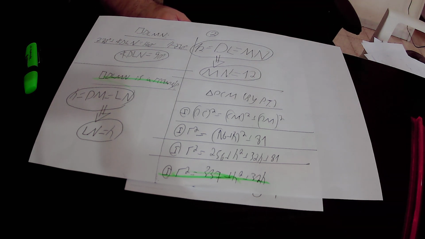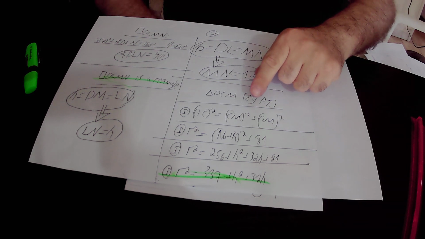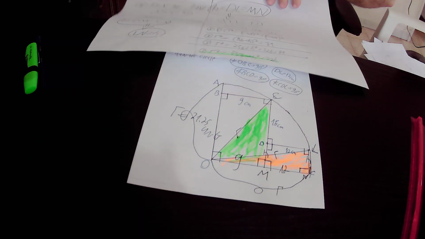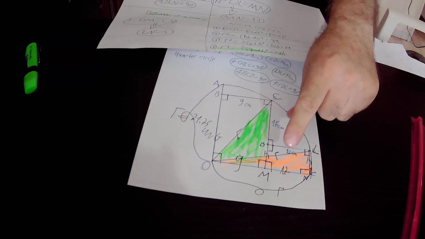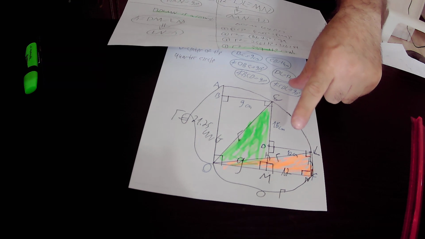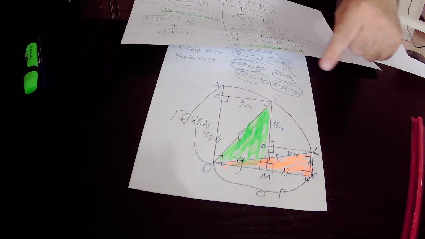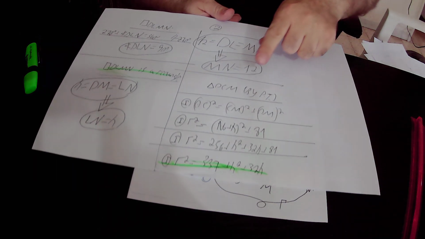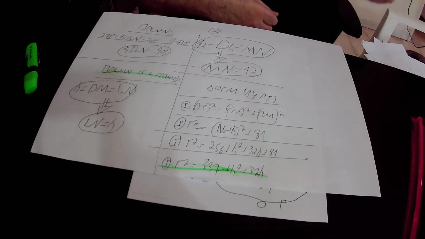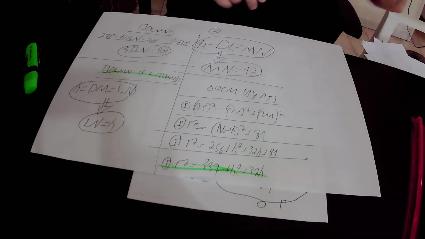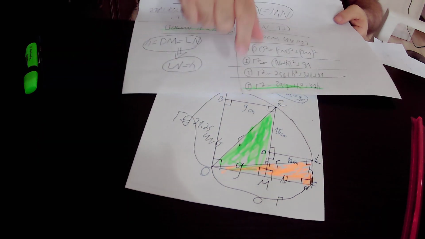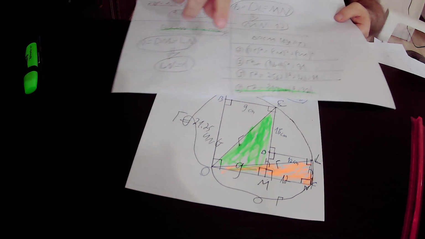OC is R, so OC square is R square. What is the length of CM? CM equals CD plus DM. So CM equals CD, that is 16, plus DM, that is H. In total, CM equals 16 plus H, therefore CM square equals (16 plus H) square, plus OM square. OM is 9, so OM square is 9 square, that is 81.